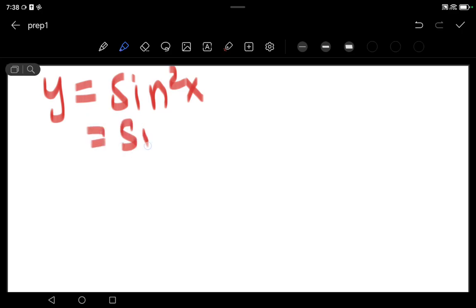So we're going to have sine squared 0.61, and then you get the answer. Sine squared of 0.61. You got how much?